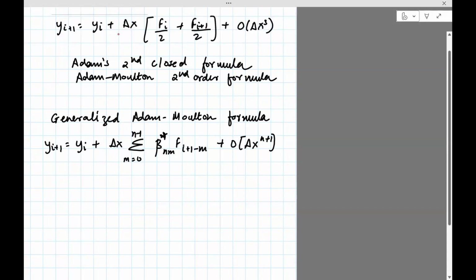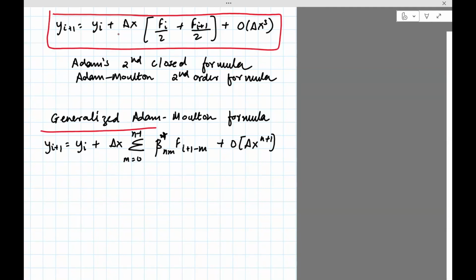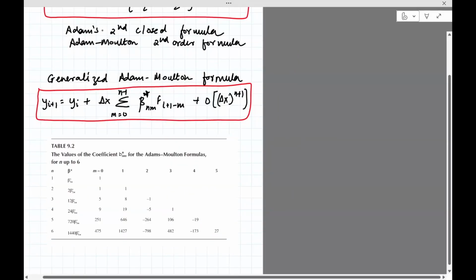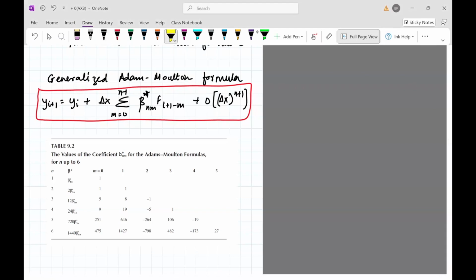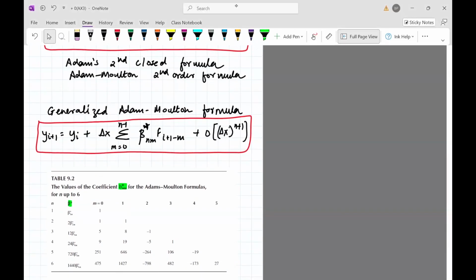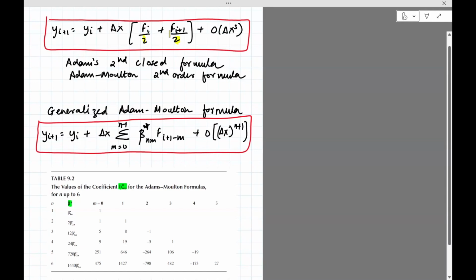Okay, so this is a handy formula, and this is what you want to use if you are told any order. Accompanying this is a table, which basically gives you values for this beta. You can check the value for the first one, the second one. So we have essentially 2, 1, and 1. That's the second formula over here.